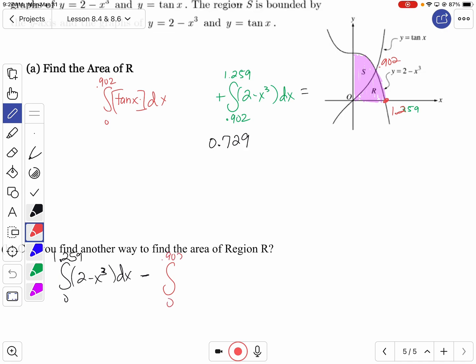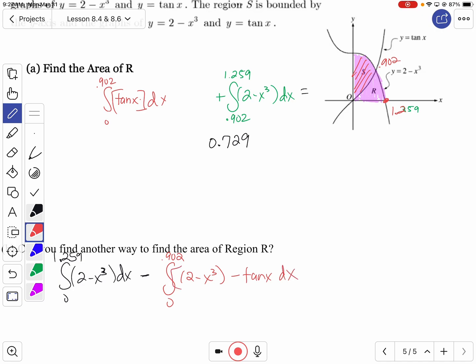Zero to the intersection, cubic on the top, and S stops at the tangent. Okay, so that's the way to do that one.